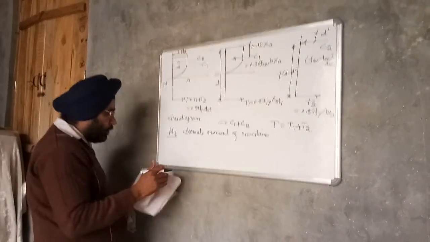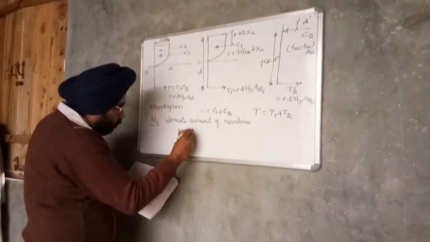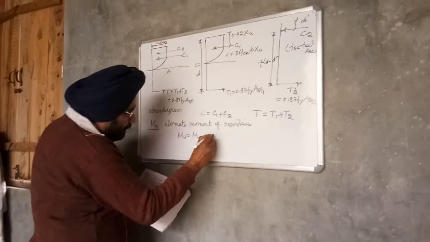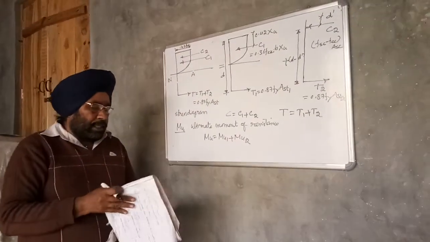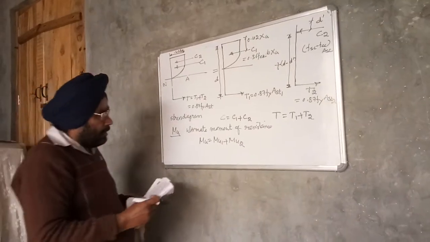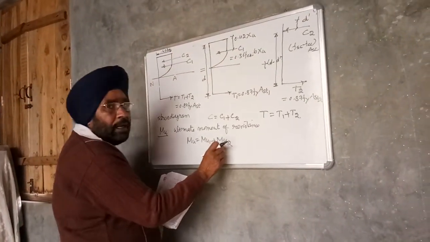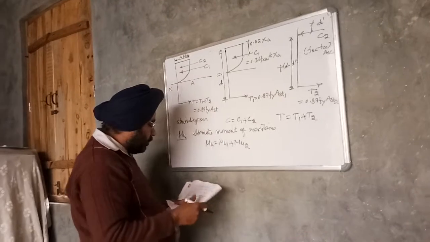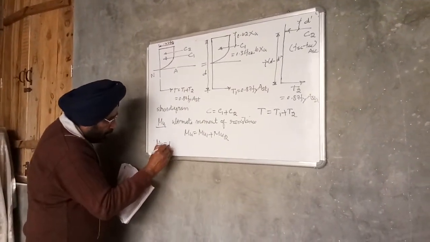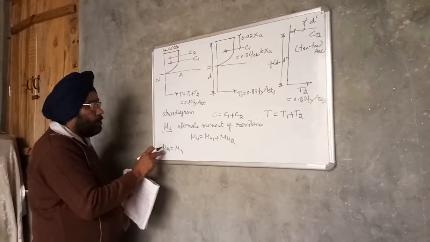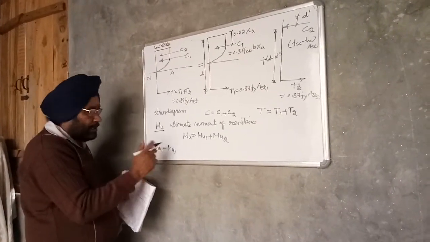So Mu is equal to Mu1 plus Mu2, where Mu1 is the moment of resistance of section 1, and Mu2 is the moment of resistance of section 2. Mu1 is equal to the moment of resistance of the singly reinforced beam section.